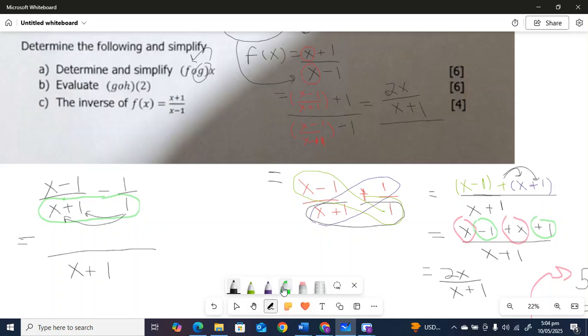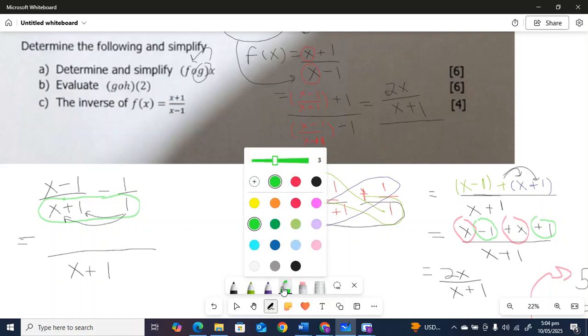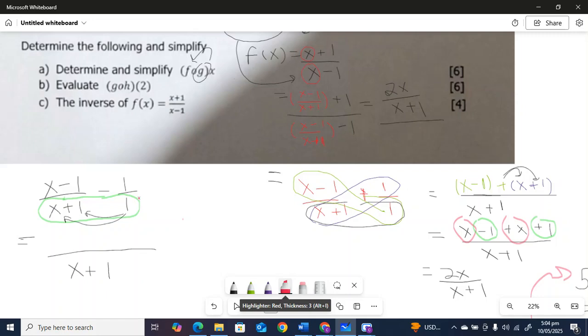Okay. The next we go, you start on the bottom right. Going to say 1 times x minus 1. So 1 times x, that is x, 1 times negative 1, that is negative 1.